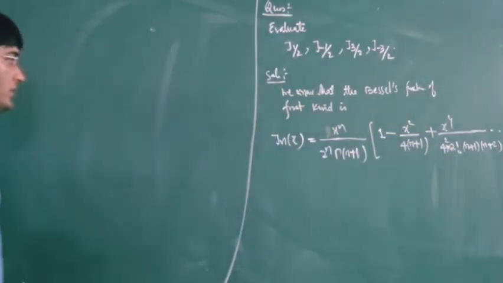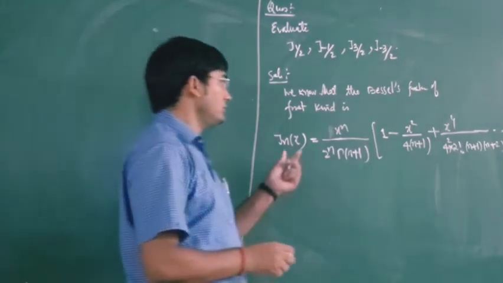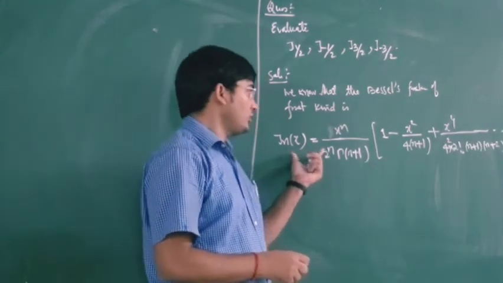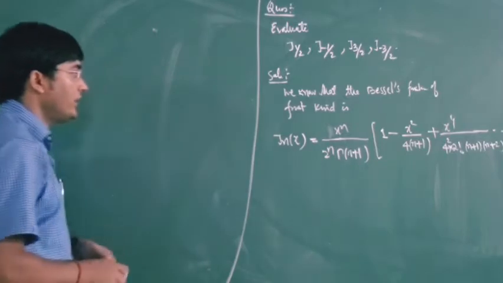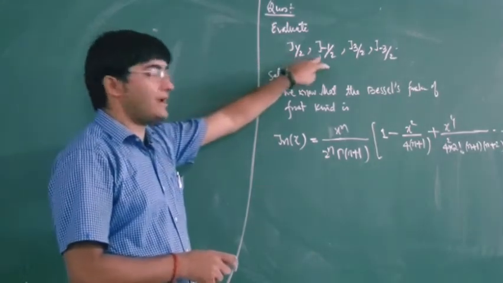So this was your Bessel function of the nth order. Now here we need the values of J half and J minus half.